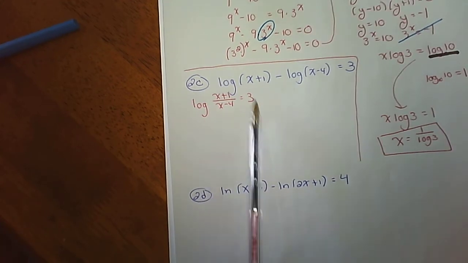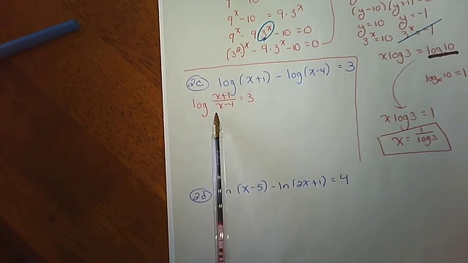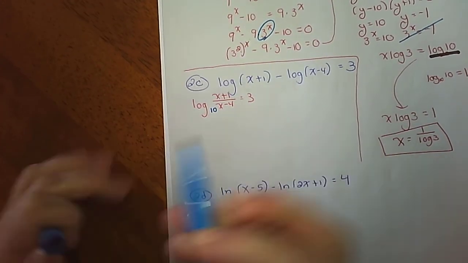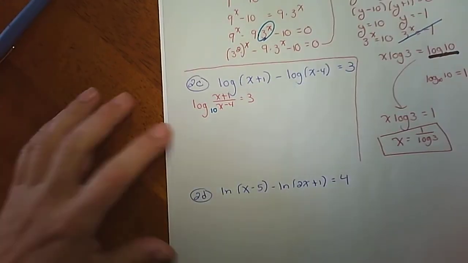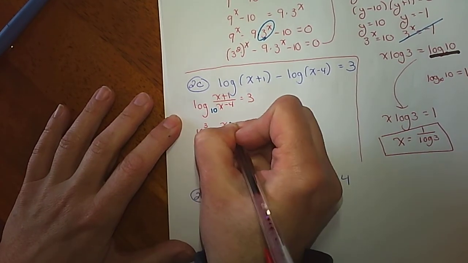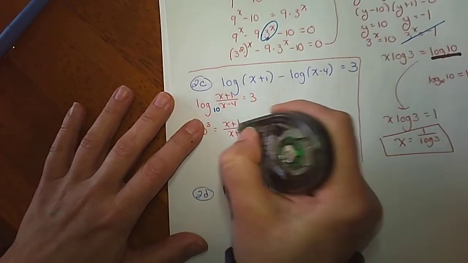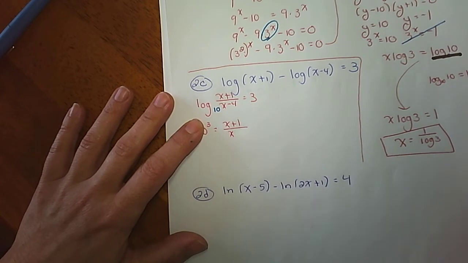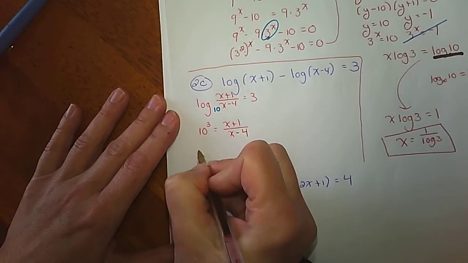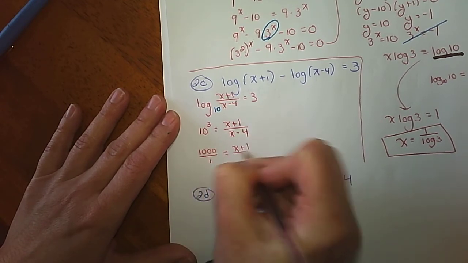Now, if you only have one log, this is a bend question. What would my base be here? And I hope you're thinking, it's got to be 10. Okay. So it's going to be 10 cubed equals x plus 1 over x minus 4. Okay, so this is 1,000, which I'm going to write over 1 equals x plus 1 over x minus 4.